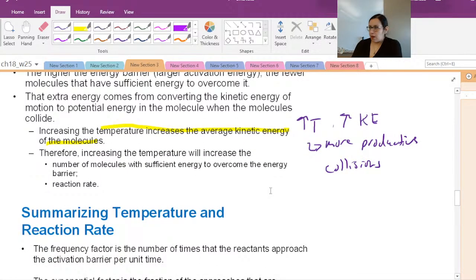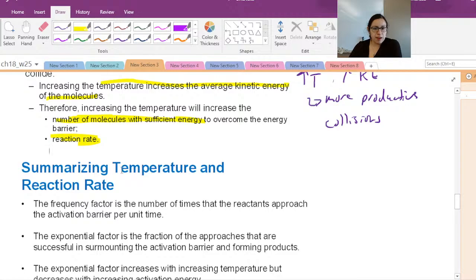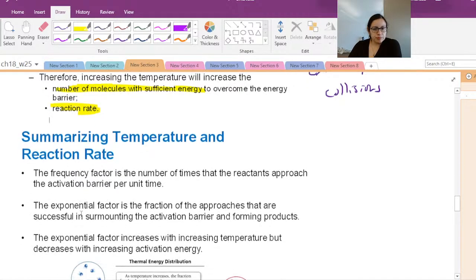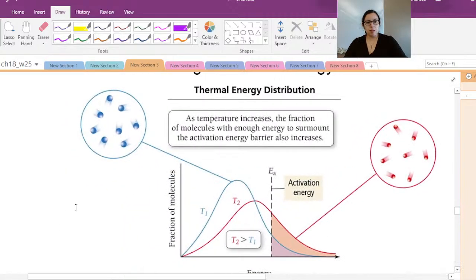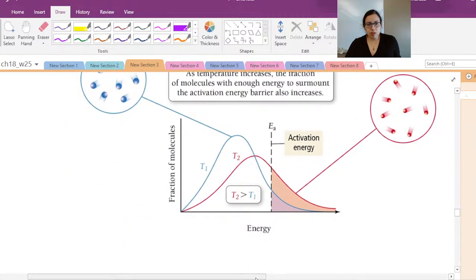Now we're actually quantifying it: how this increase in temperature will increase the number of molecules that are going to react, and will increase the reaction rate in a way we can quantify.